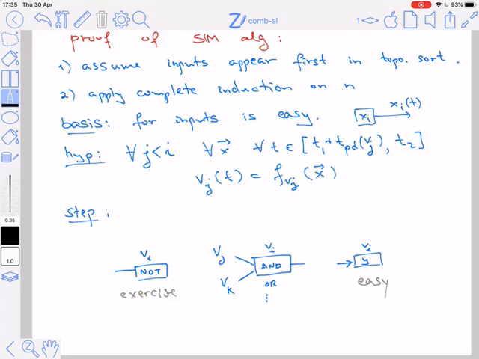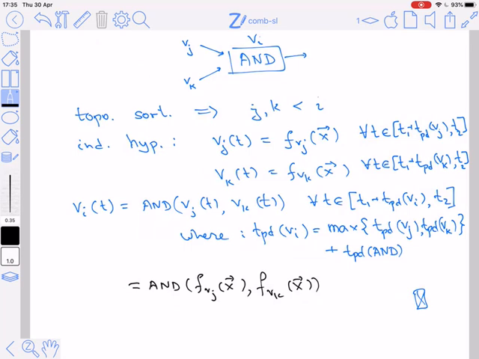I'm skipping it, and I'm leaving the case of an inverter as an exercise, and I'll focus on the case that the gate residing in Vi has an in-degree of 2, and in particular, let's assume that it is an AND gate. Okay, so this AND gate is fed by two vertices, Vj and Vk. Topological sorting tells us that j is less than i and k is less than i, therefore Vj and Vk have been already scanned.